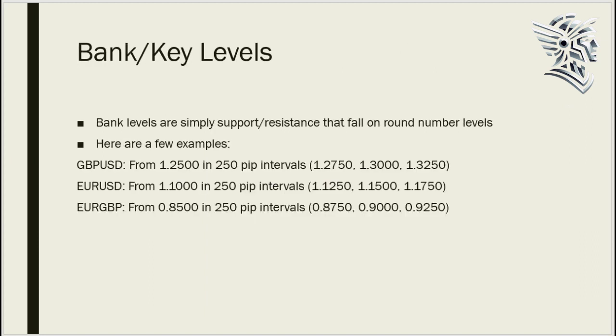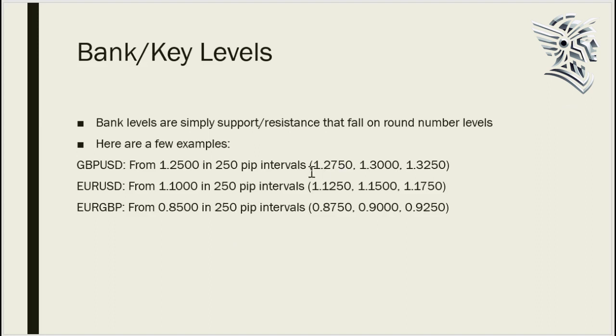So what are bank and key levels? Bank and key levels are simply support and resistance levels that fall on round numbers. For example, Great British Pound US dollar from 1.25 in 250 pip intervals. That's how you find your support or resistance, your bank level for that.